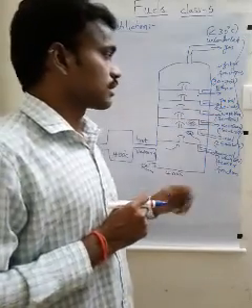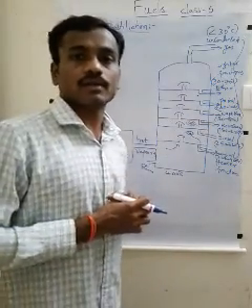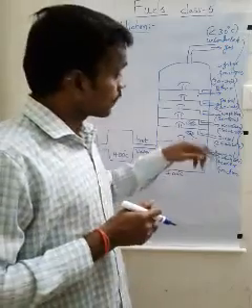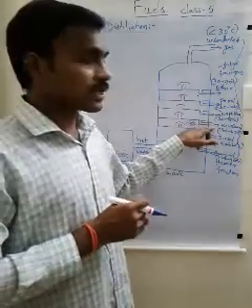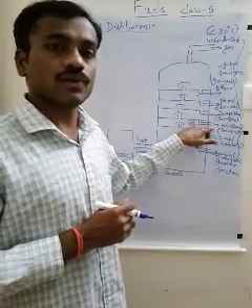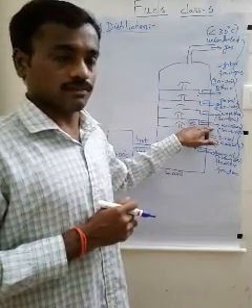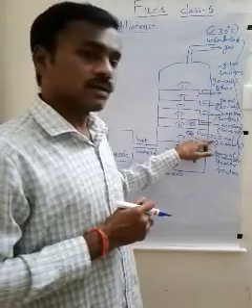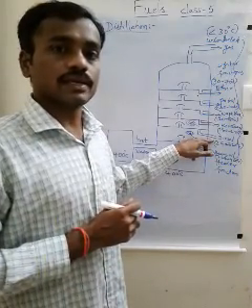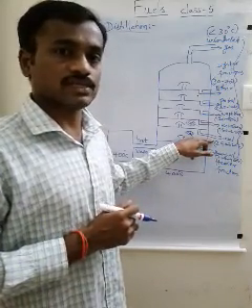Next one, naphtha. Naphtha is also used as solvent and in dry cleanings. Next one, kerosene. Here kerosene is used as fuel in lamps and used as jet engine fuel. Next one, diesel. Diesel is also used as fuel in diesel engine vehicles.